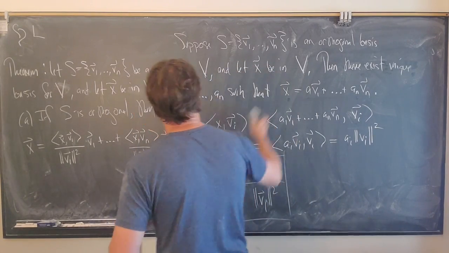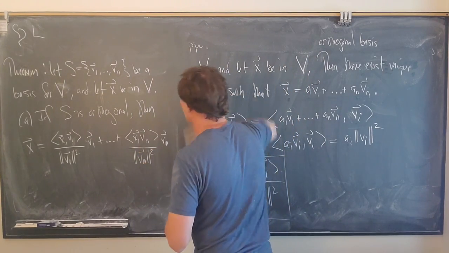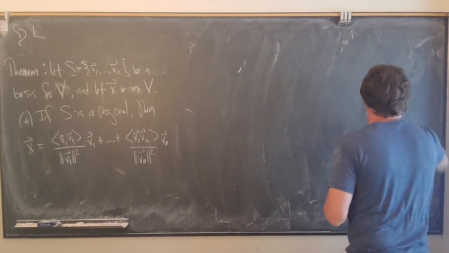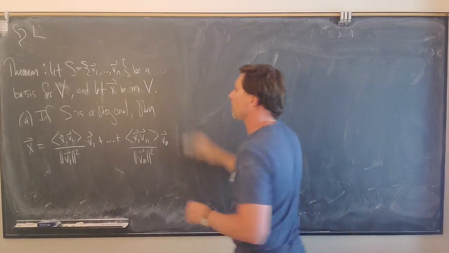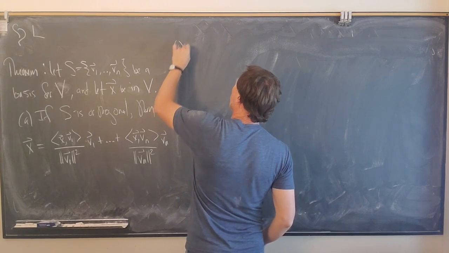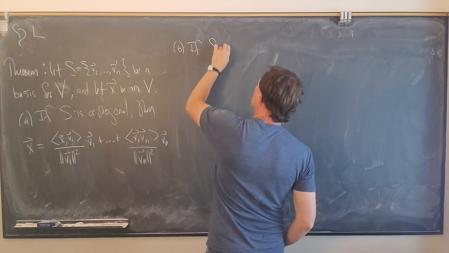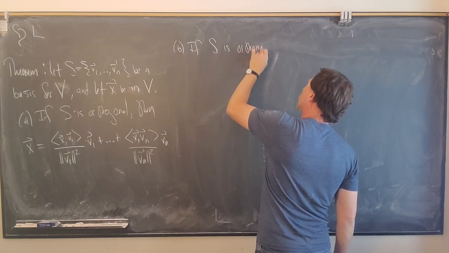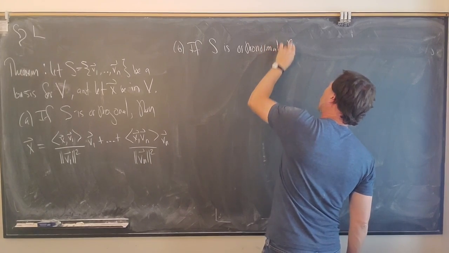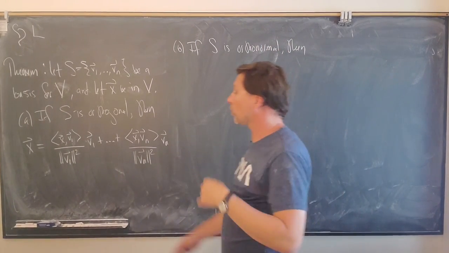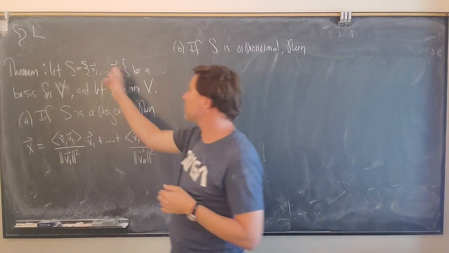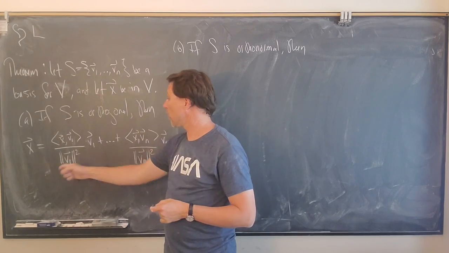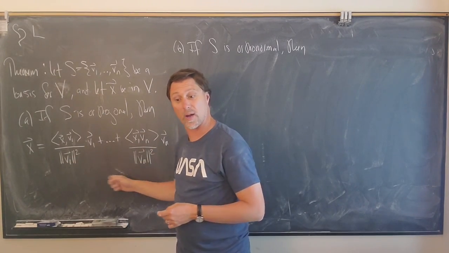Now, part B of this theorem shows why an orthonormal basis is especially nice. So part B, if S is orthonormal, then, remember, orthonormal means orthogonal plus each of the vectors has length 1, or norm 1. So if each vector has norm 1, then all these norm squareds are equal to 1.